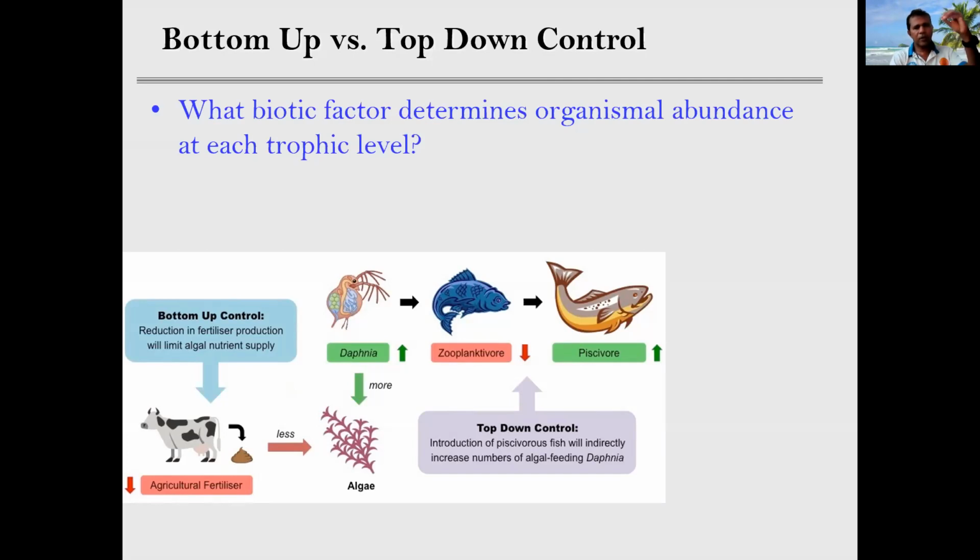So it's not only top-down that has control, but bottom-up control as well. We have to keep that in mind. In many cases we consider the top predators the most important group, the ones who keep the ecosystem in balance, but it is not always so. Sometimes it can be the bottom level. It depends on the species and the situation.